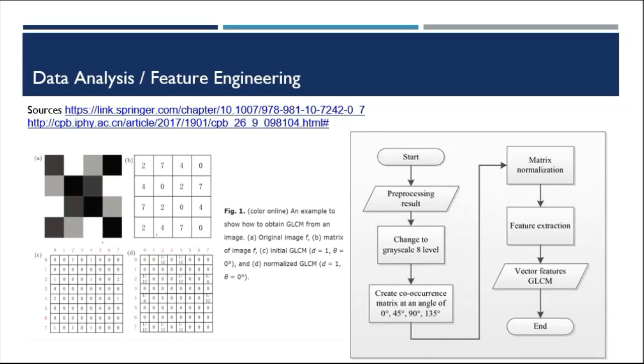We can see in figure 1, image A is the original image, which is a color image. B is the matrix of the image. C is the initial GLCM where distance equals 1 and theta equals 0 degrees. And D is the normalized GLCM where distance equals 1 and theta equals 0 degrees.